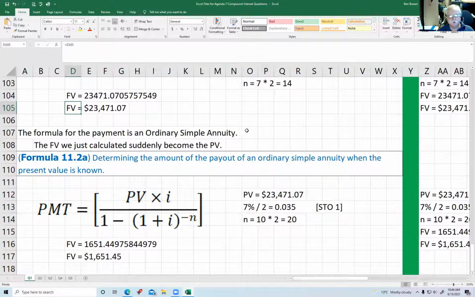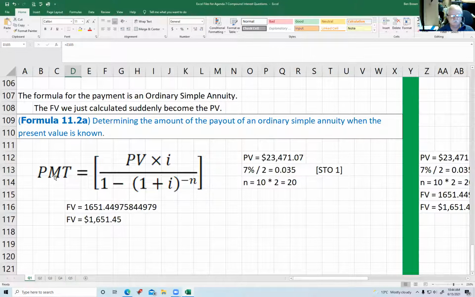Now we're doing an annuity, so we have to find this annuity formula. It's in chapter 11, and it looks like this. We know the present value, we know the value of I, we know the value of N, and if we plug this into this formula correctly, you'll find you get, and I don't know why I've said future value here.